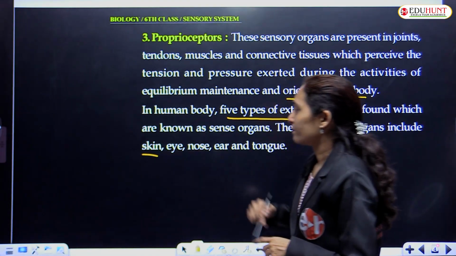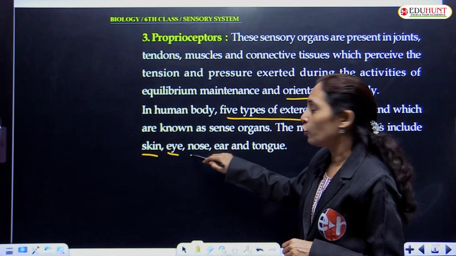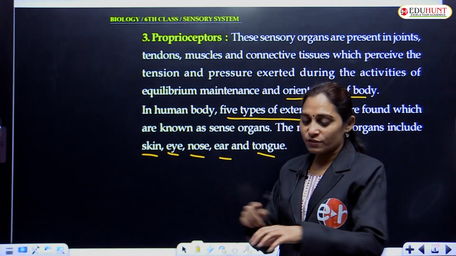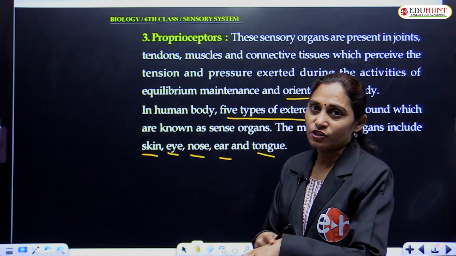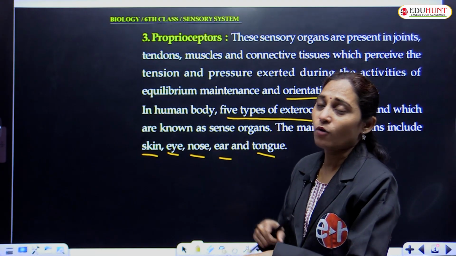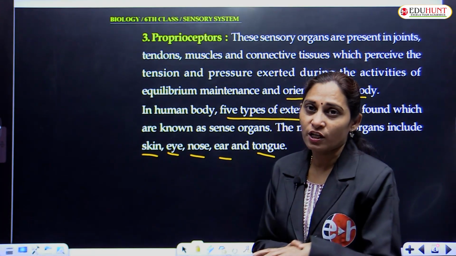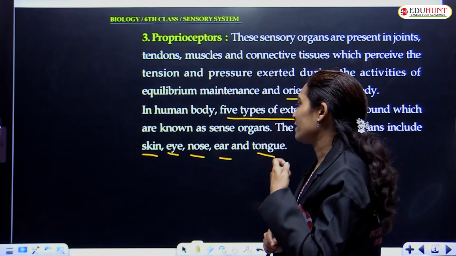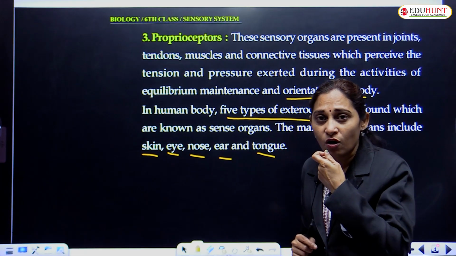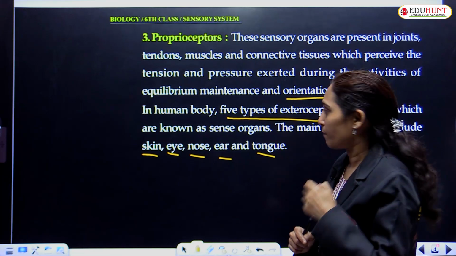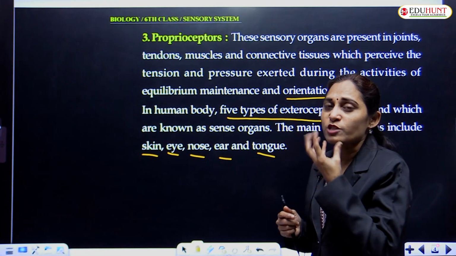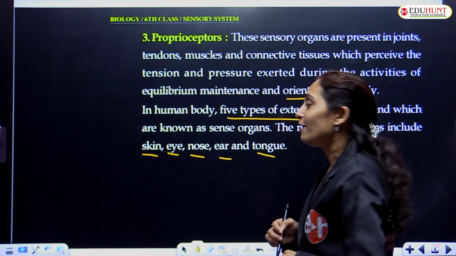They are the skin, eye, nose, ear and tongue. Skin is the sensory organ of touch. Eye is for vision. Nose is the olfactory organ that responds to smell.